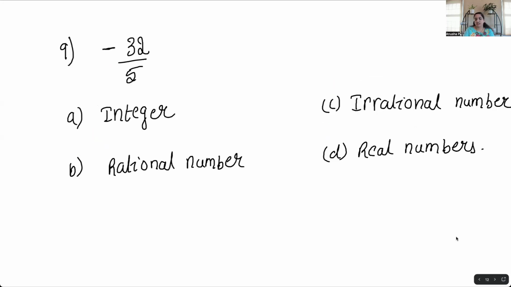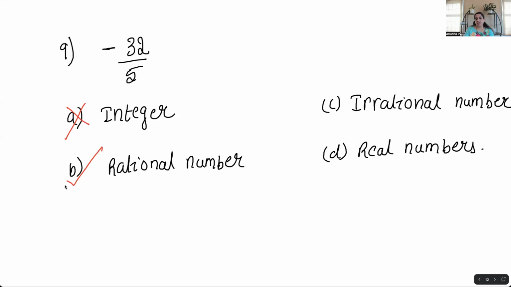Is minus 32 by 5 an integer? No. Integers are only positive numbers 0, 1, 2, 3, as well as negative numbers like negative 1, negative 2, negative 3. But fractions will not belong to the integers. Yes, any number that can be written as a fraction, whether it is positive or negative, we will consider it as a rational number.